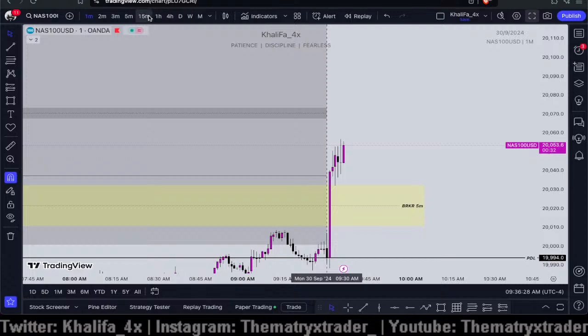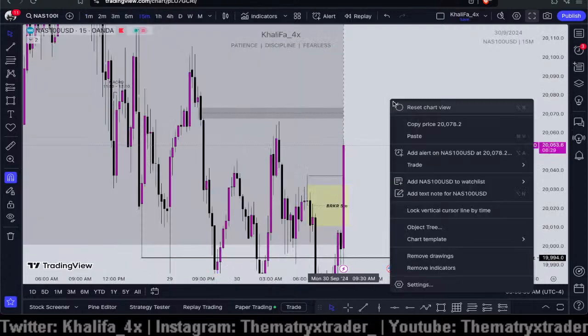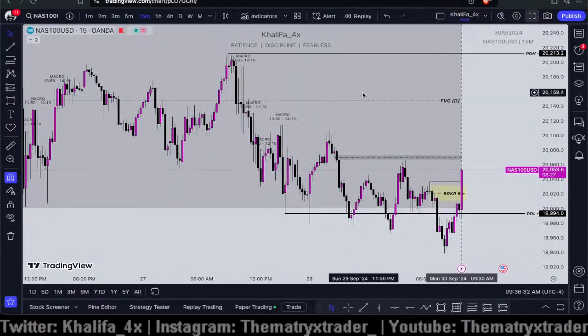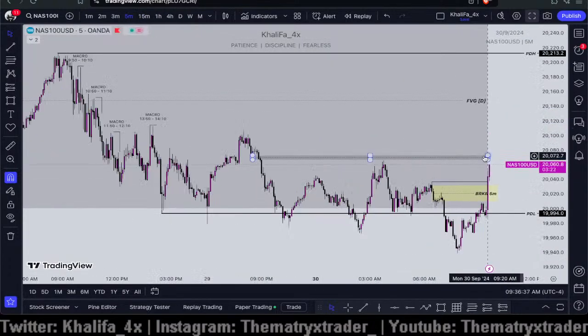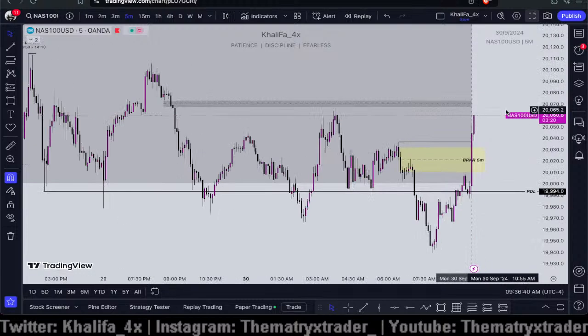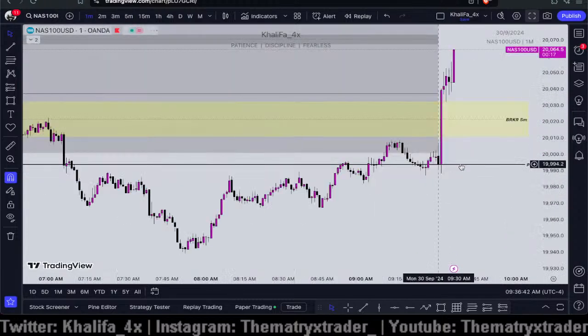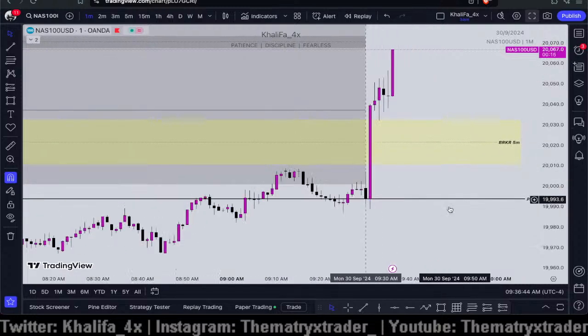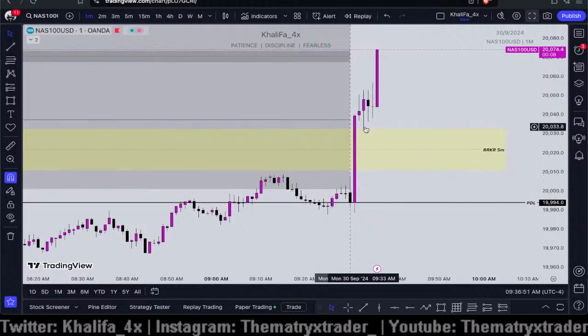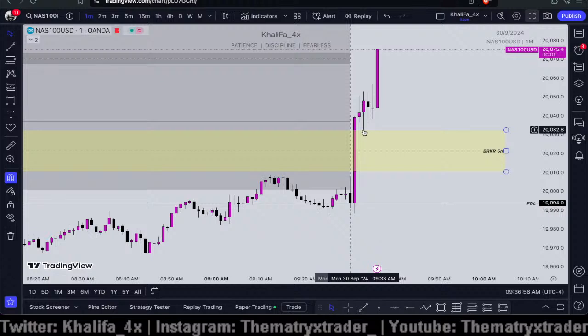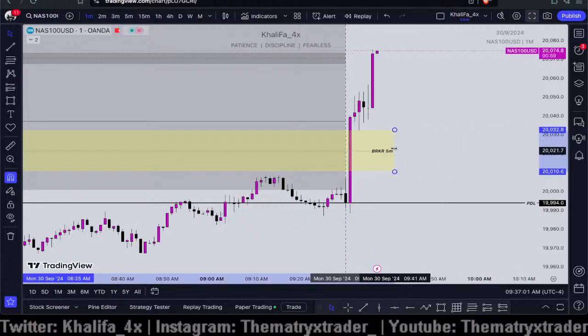I'm not giving any trade, but you can go for long since there is no pure price action. It's just manipulation. You can see the entry by yourself, folks.